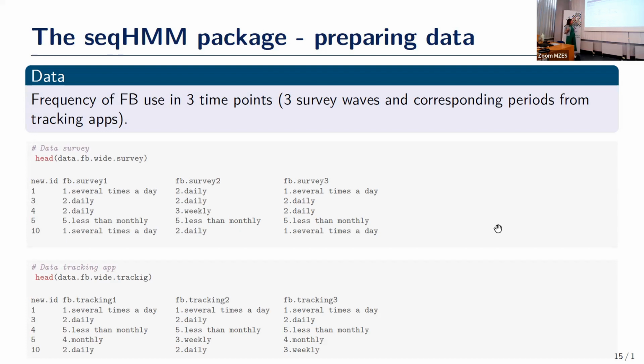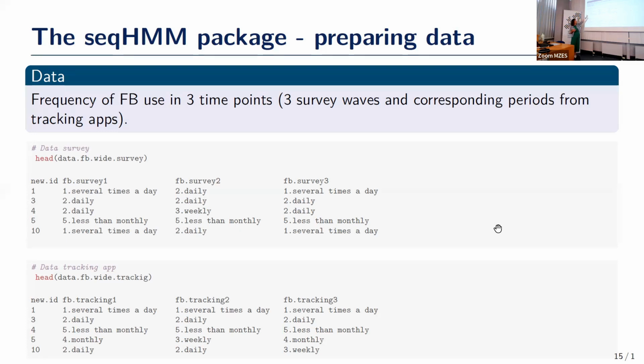And so if you see what we have in terms of the data, it's just 3 columns that correspond to the three survey waves and the matched time periods. And it's a 5-point Likert scale that goes from highly frequent use to highly infrequent use.